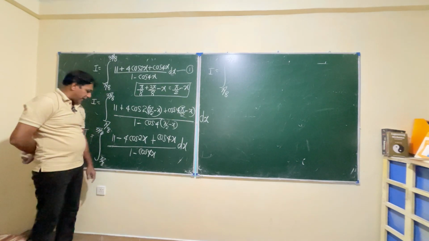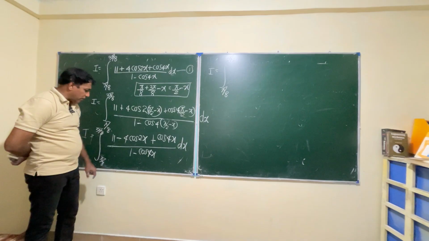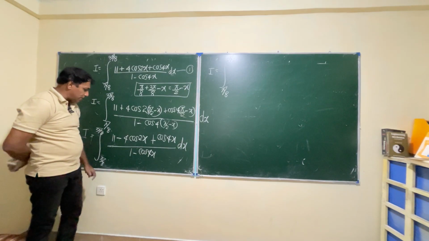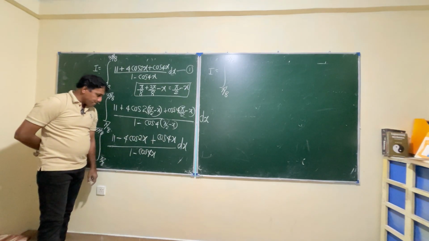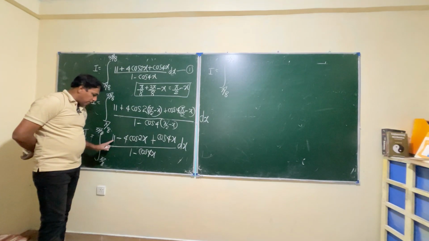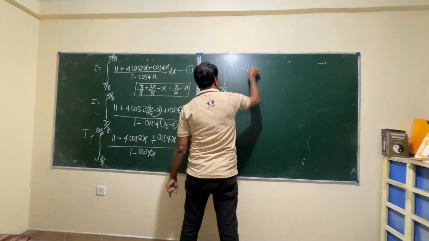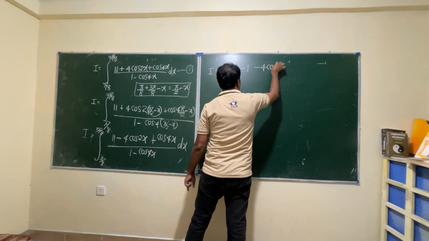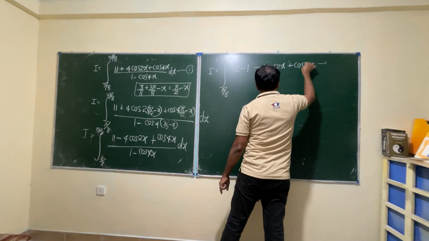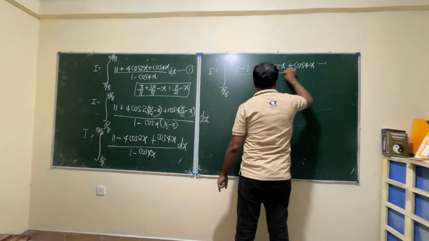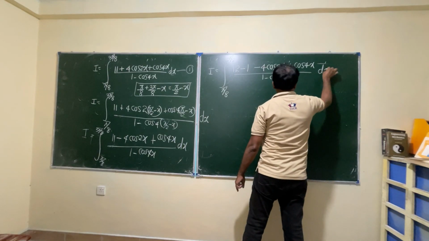If I write it separately, 11 plus cos 4x, I can write 12 minus 1 minus 4 cos 2x plus cos 4x, over 1 minus cos 4x, dx. This is a senior mathematics problem.